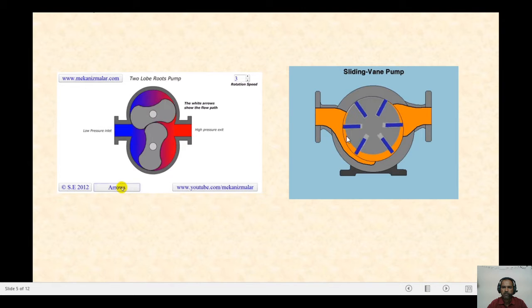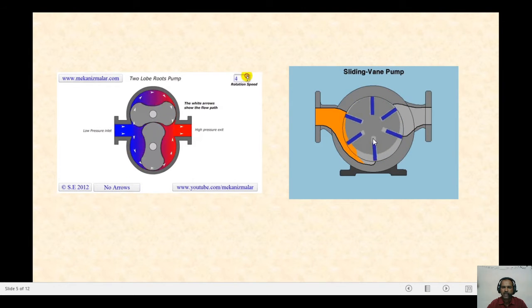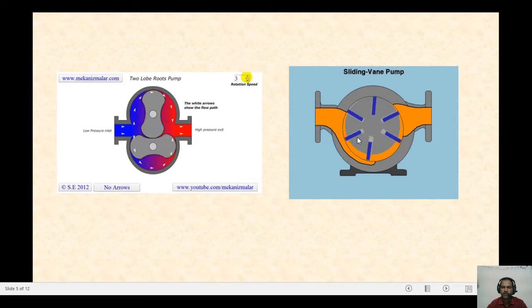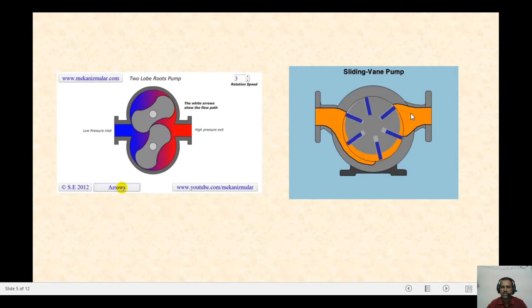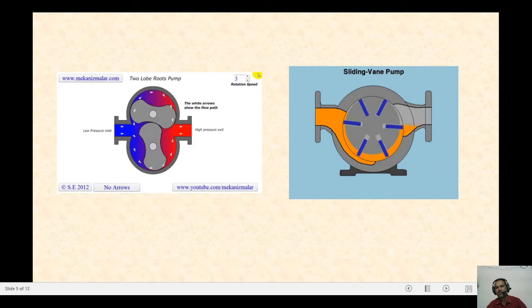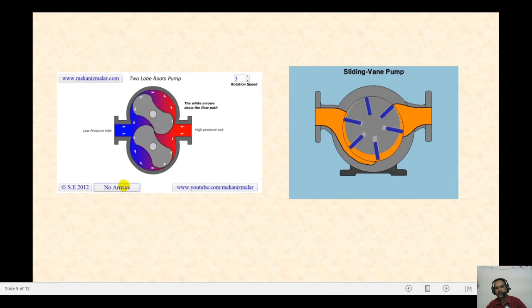As the plates move radially, the air will get entrapped between these plates, creating a high pressure, and the high pressure air will be discharged through this discharge chamber. So this is how the vane type compressor or rotary compressor works.